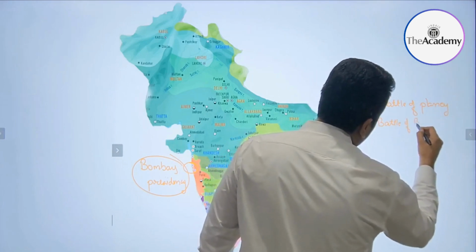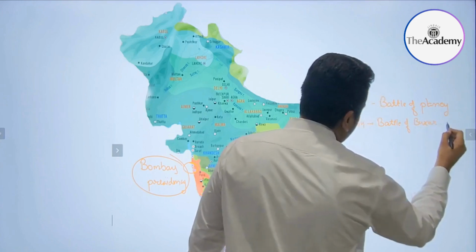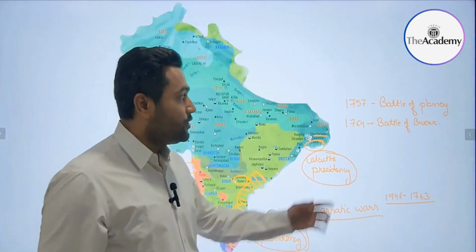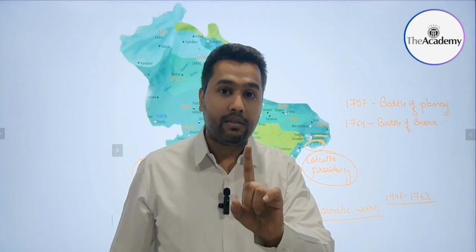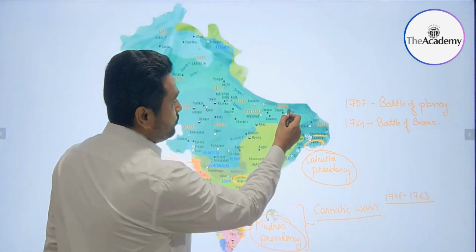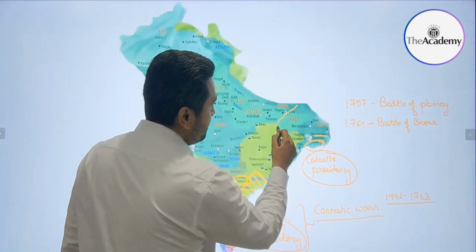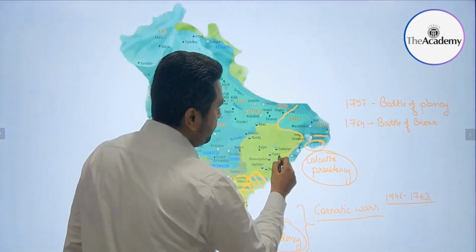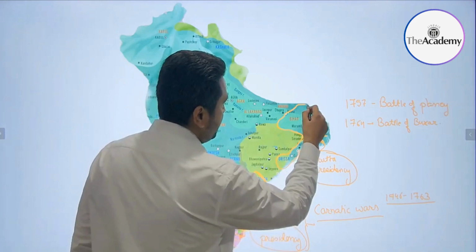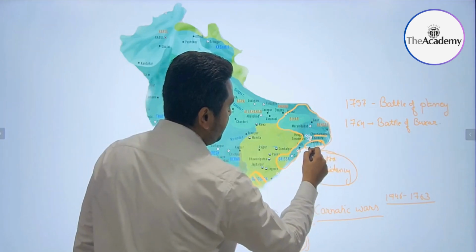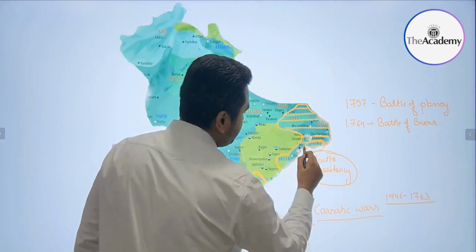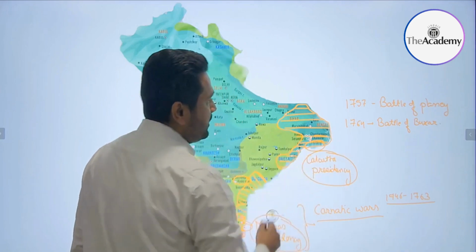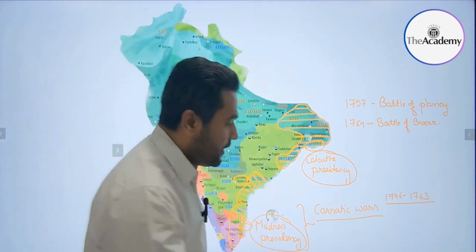The British became the de jure power, because in 1765, the Treaty of Allahabad gave Diwani rights to the British for Bengal, Bihar and Odisha. So we can say the English effectively became the de jure power of a large territory. And this was possible only via the Treaty of Allahabad in 1765.